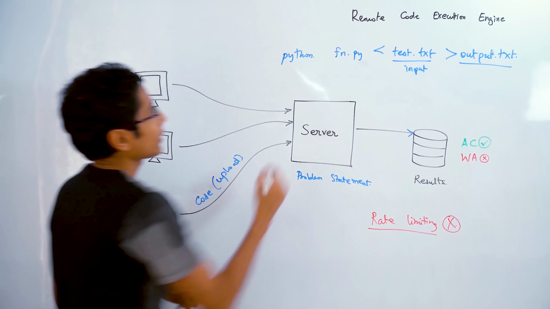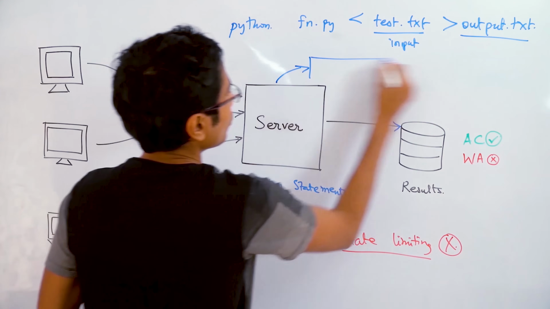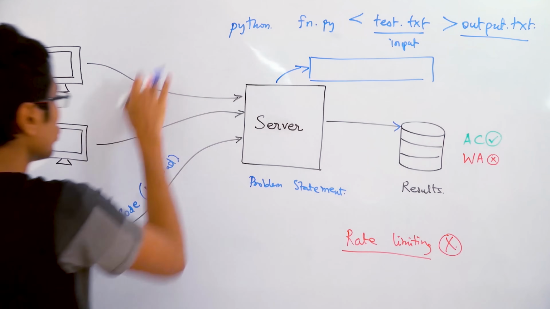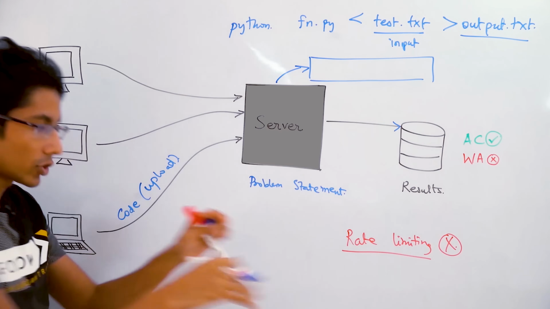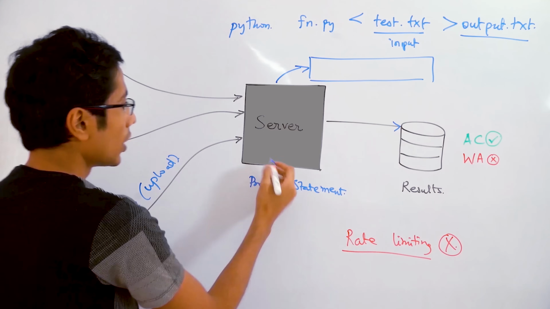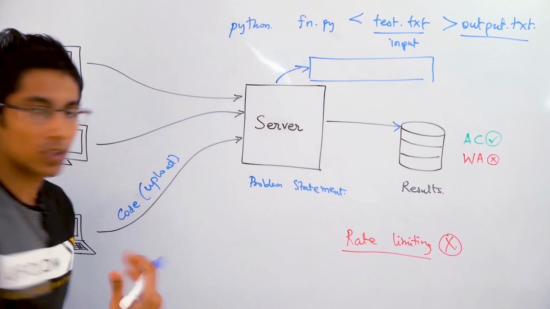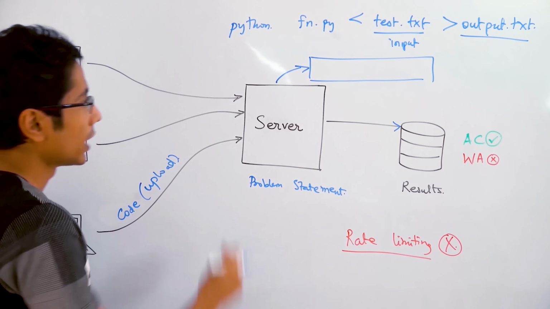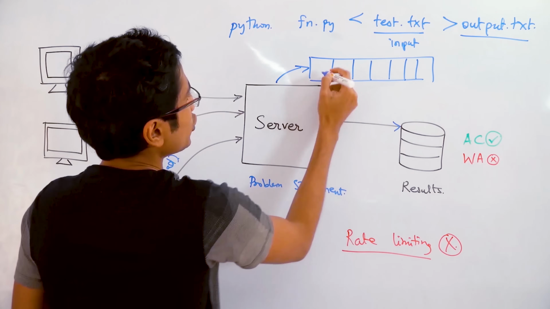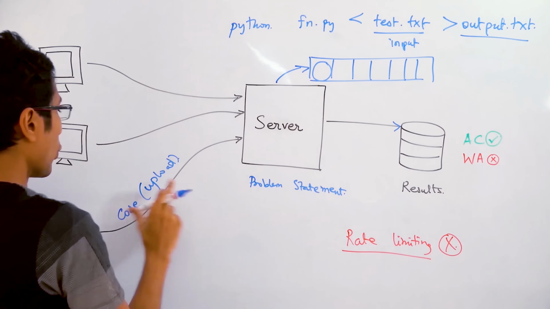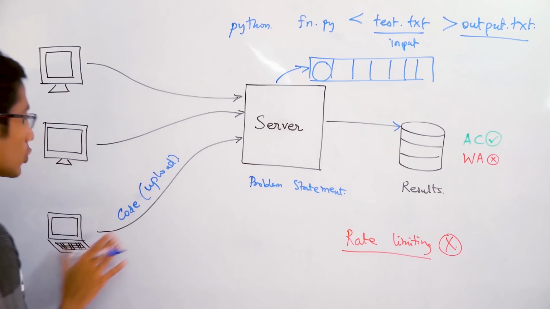So if I had something like a message queue where my users would take their code and input them into this server. So we are actually storing files in our server for now, but we are not executing them at the same time because executing requires processing power. Instead, what we do is we actually just add an event to this message queue with the relevant details of this user's code.